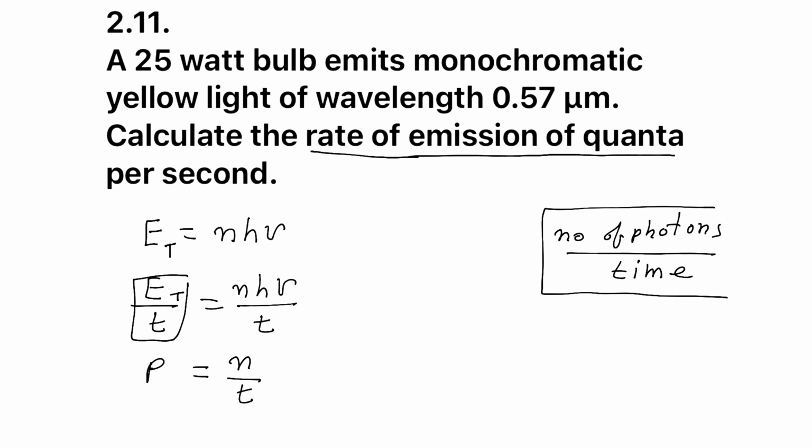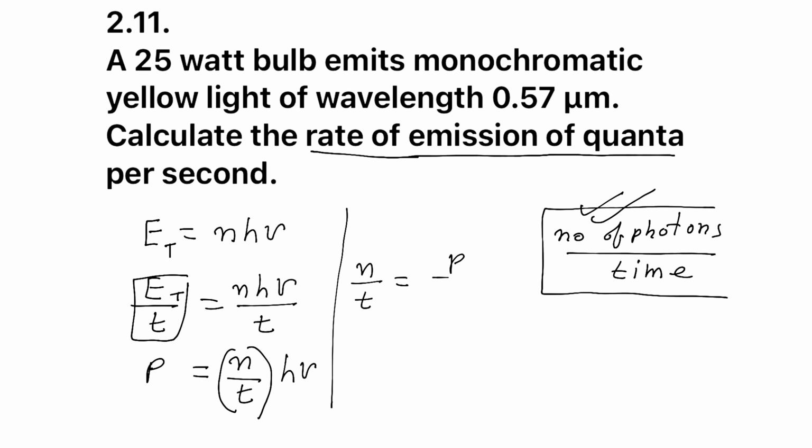N by t is what we have to find, the number of photons per time. So N by t is equal to P by h nu. N by t is the rate of emission.